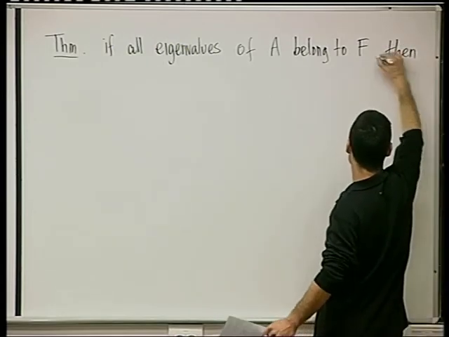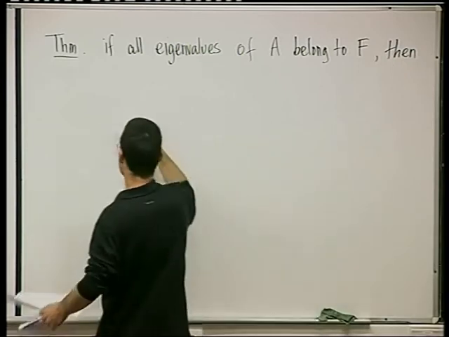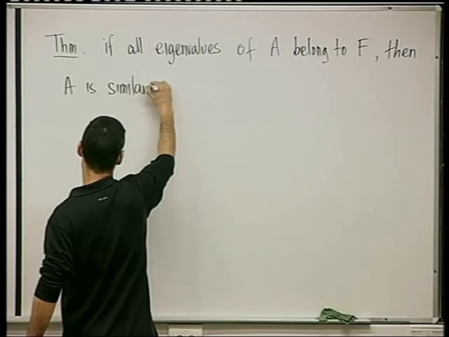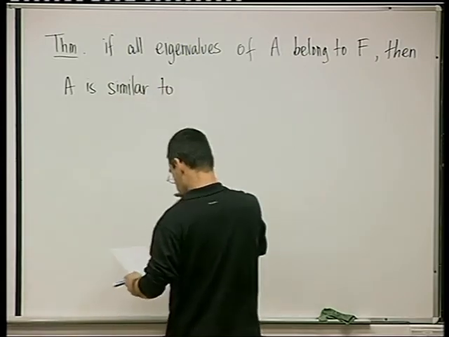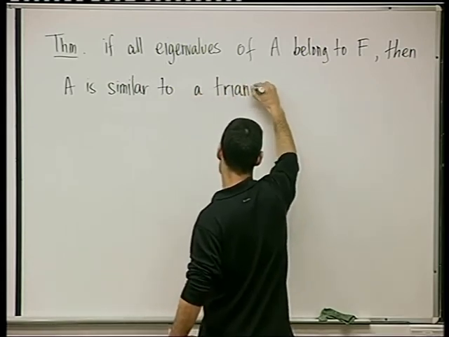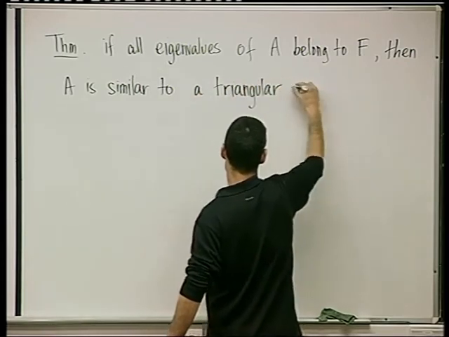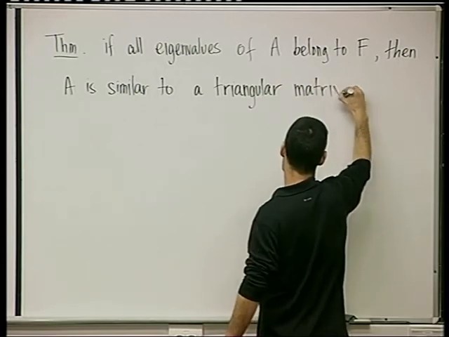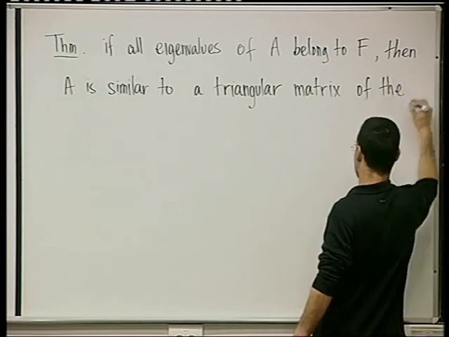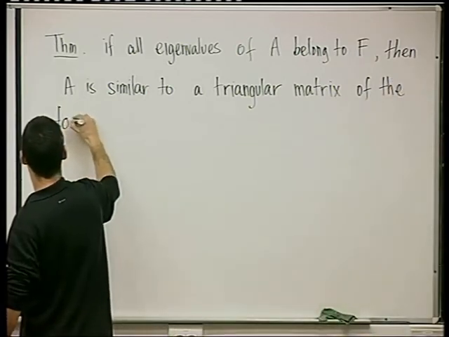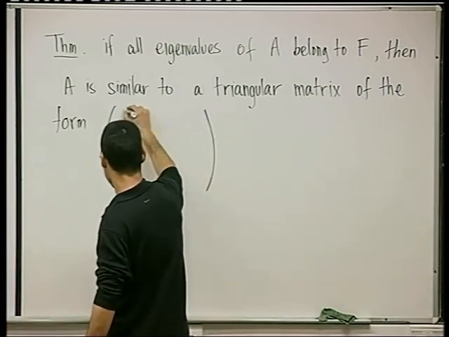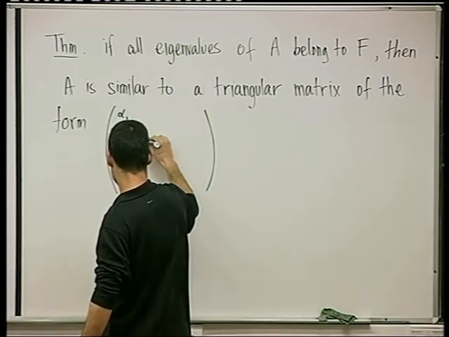So if you're looking at a matrix such that all the eigenvalues belong to F, then A is similar to a triangular matrix of the form: we're still going to have the alphas along the diagonal.